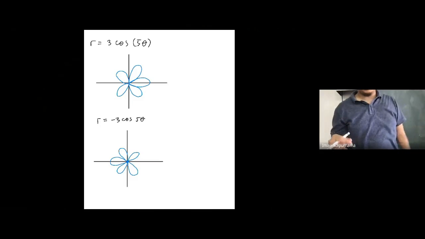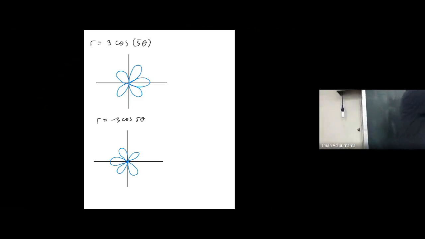I hope you don't get mixed up with cos and sine. Just remember the difference between cos and sine in the petals. Actually it's kind of the same. For the cosine, you will see the petals.